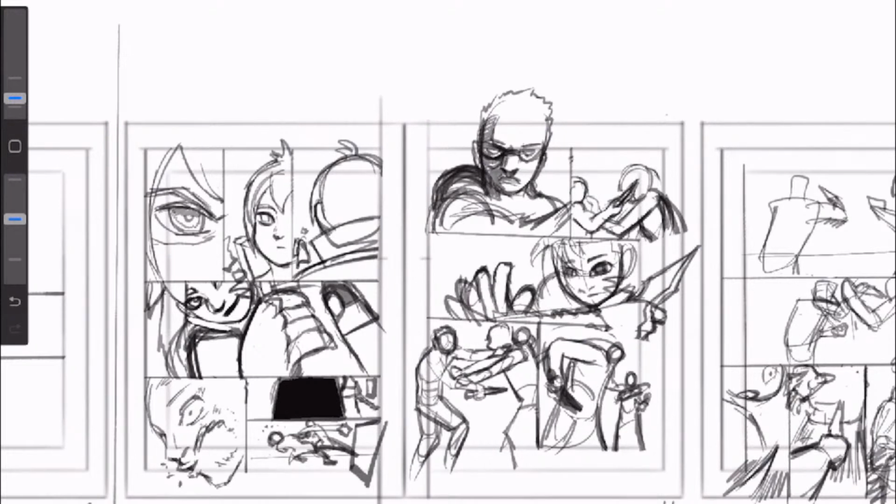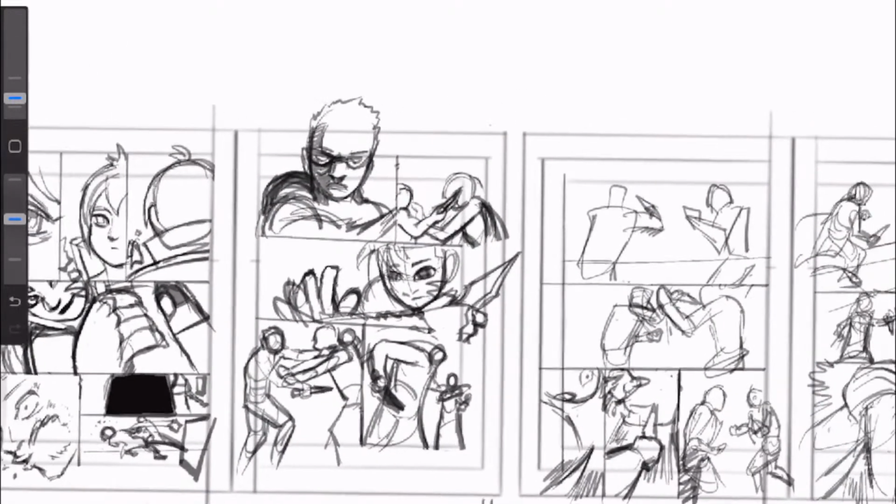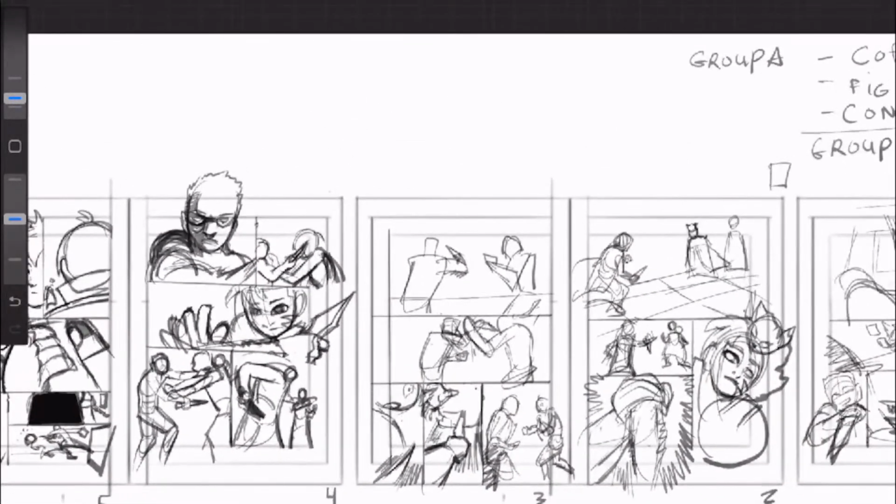I'm establishing consistently that the villain or the antagonist is on the left side of the panel or panels, where the main characters are consistently on the right hand side, so you can consistently register who's who. The guy who's the antagonist is wearing dark clothes, the main characters are wearing lighter clothes.